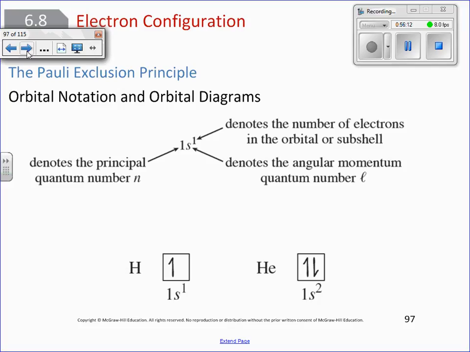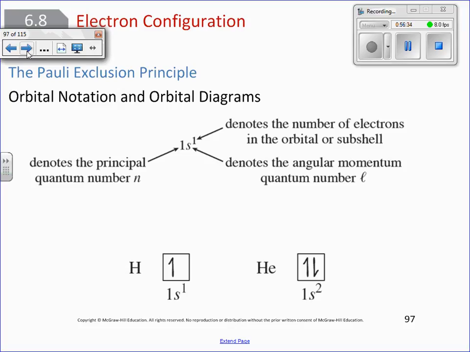So in quantum level 1, I can have a total of 2 electrons. In quantum level 2, I have a total of 8. Quantum level 3, 18. And 4, 32.